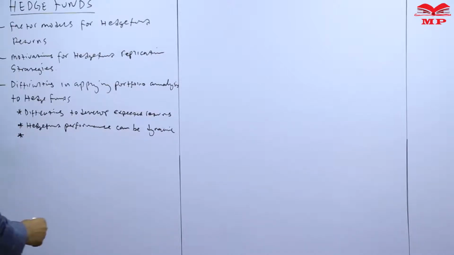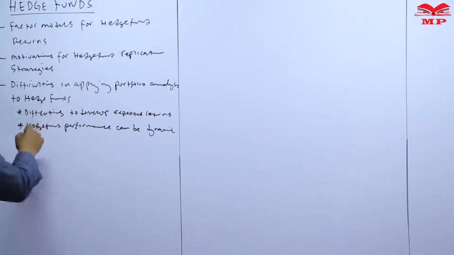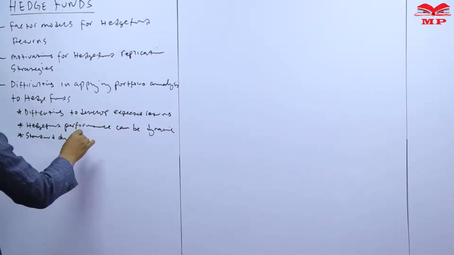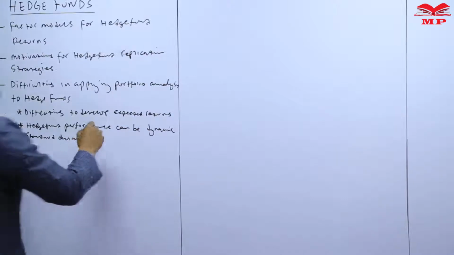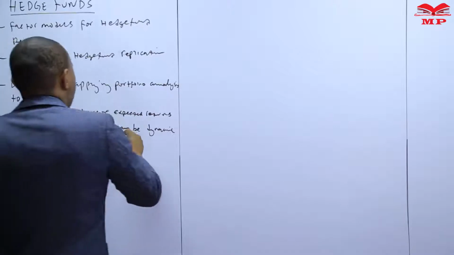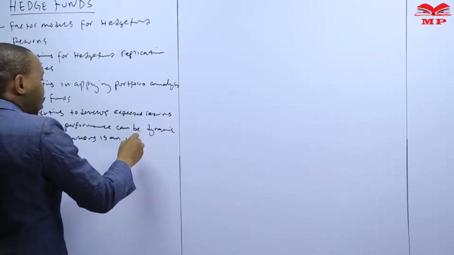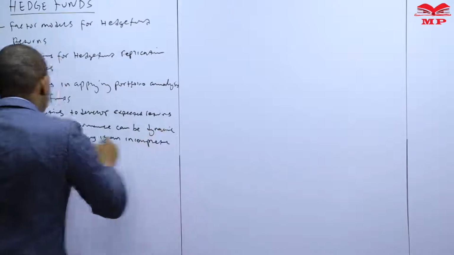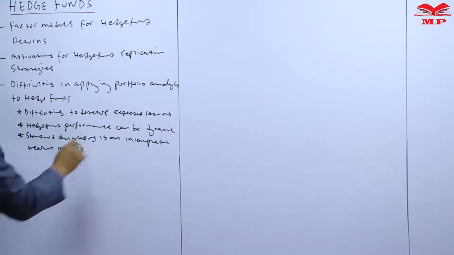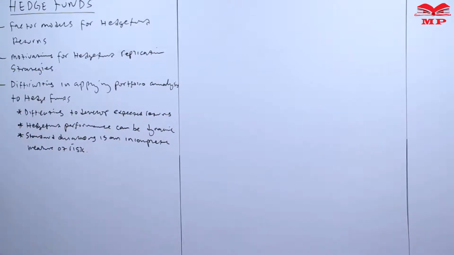The third and final reason is that standard deviation is an incomplete measure of risk. Then we will conclude this lesson by looking at funds of funds.